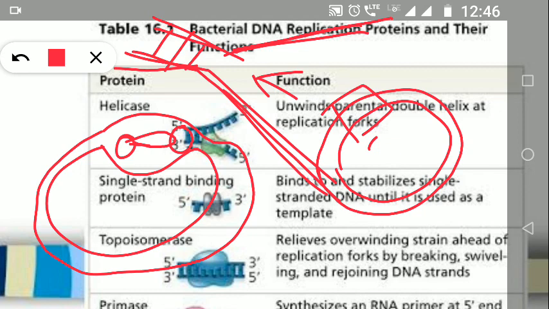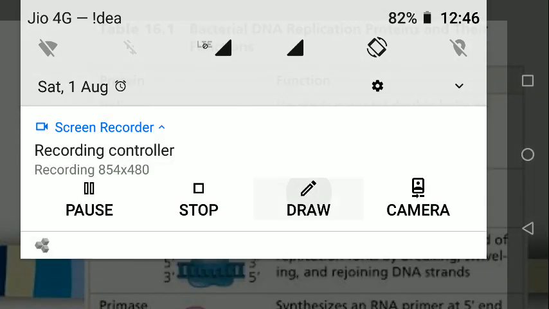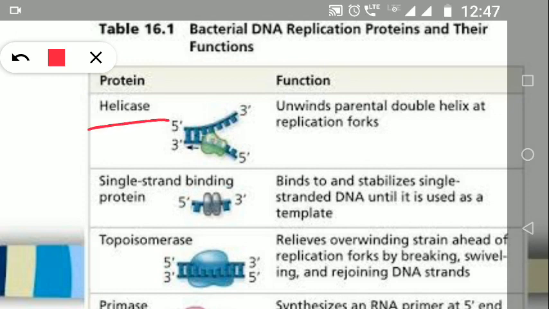Now the separation needs a protein, and that protein is the helicase. A helicase binds one of the old strands and moves along the DNA molecule. As it moves, it breaks the hydrogen bonds between the two strands, so now the two strands get separated. The function of the helicase is the separation of the double strand.